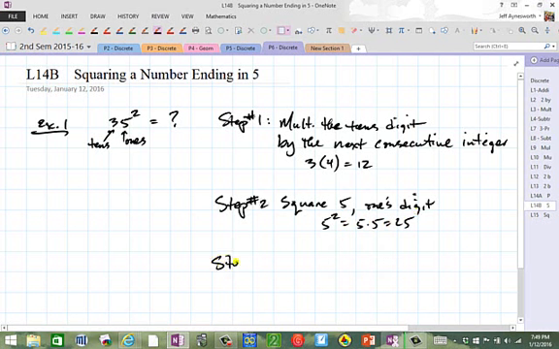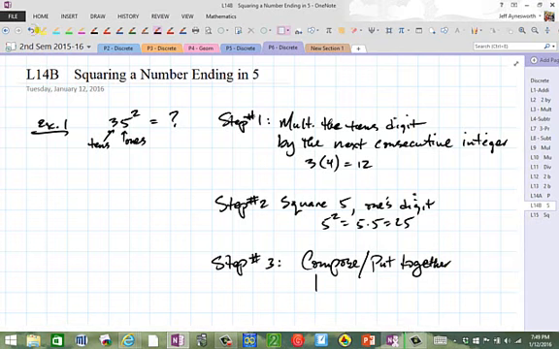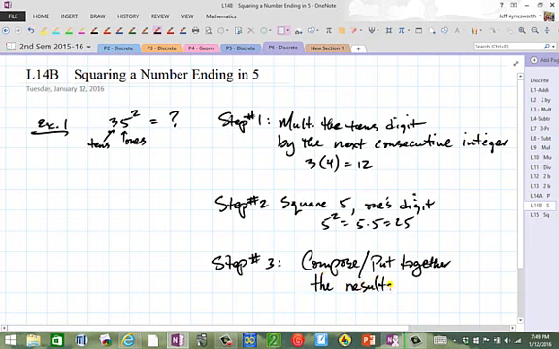Step three, believe it or not, this is the last step. What you're going to do is compose, which means put together, the results. I'm talking about the previous results.